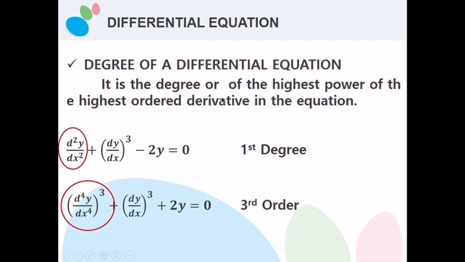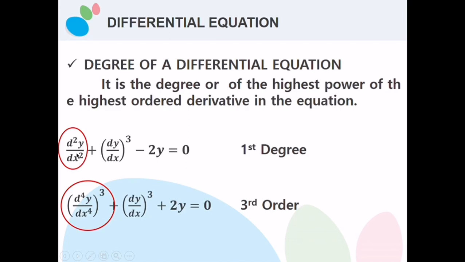Actually, it is the degree of the highest power of the highest order derivative in the equation. So the same concept, just focus on the highest derivative and then the degree of the highest derivative. Here, we know that this equation is second order. But what is the degree?